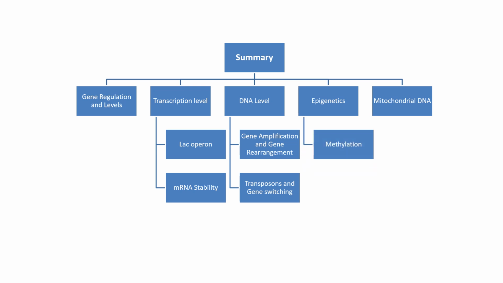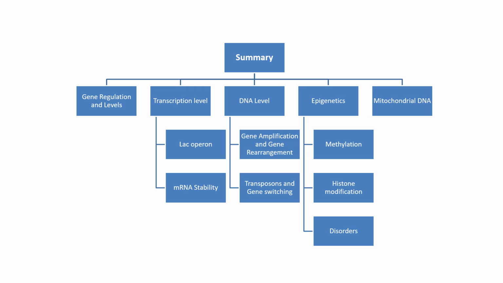Under epigenetics, we have seen two major types of chemical modification. One is methylation, where the common site is the CpG island, and the other is histone modification, where histone acetylation is the most important reaction.